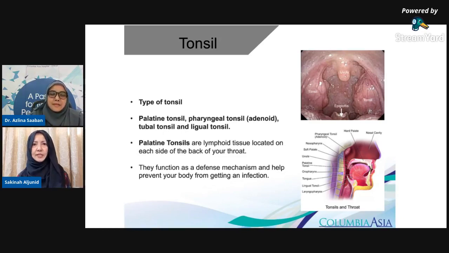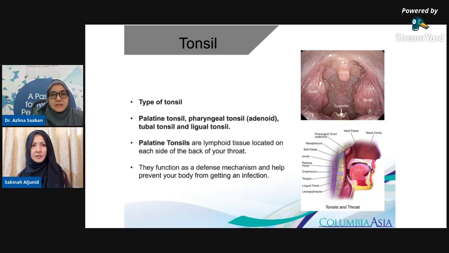So it's at the back of the nose, you were saying. What is lymphoid tissue? Lymphoid tissue is a type of the tissue of the tonsil. How would you describe it? Is it soft?